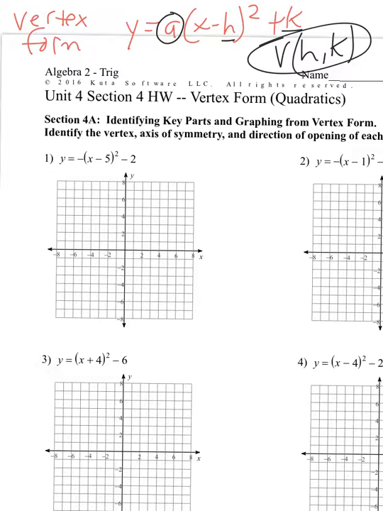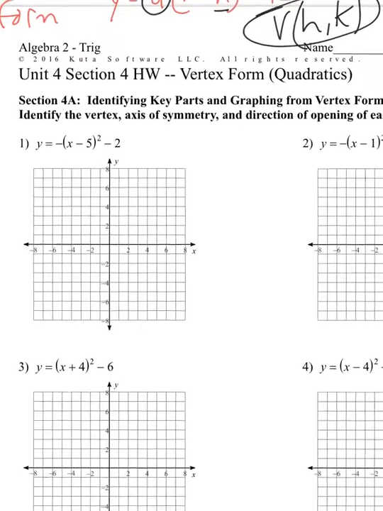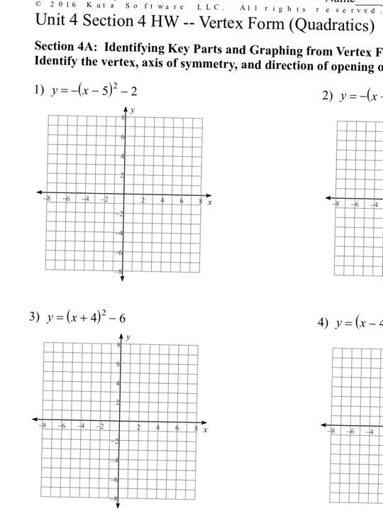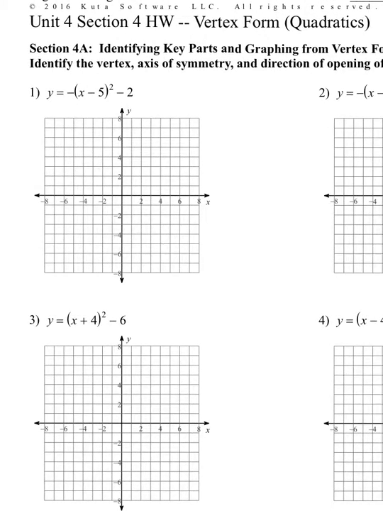So let's look at number 1 here. We're identifying some key parts, and let's zoom in a little bit on number 1. We need to identify the vertex, the axis of symmetry, the direction of opening, and then sketch the graph, and we'll make a little table for that.